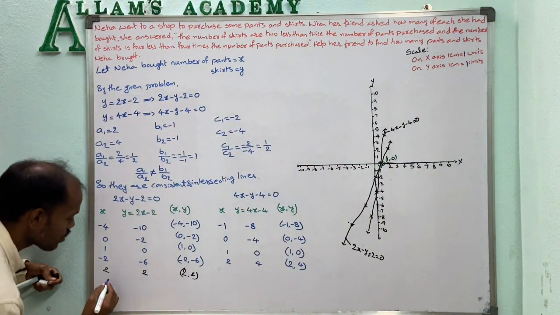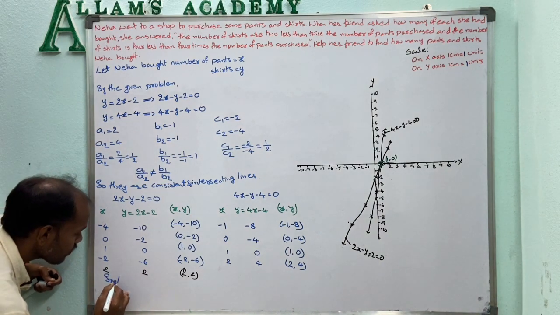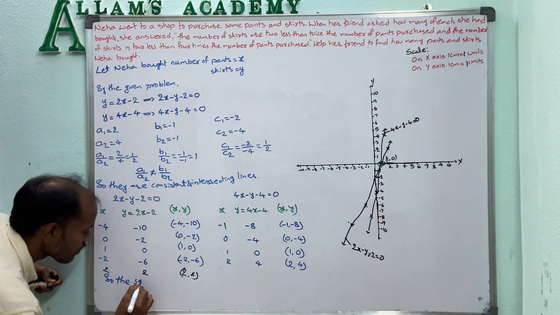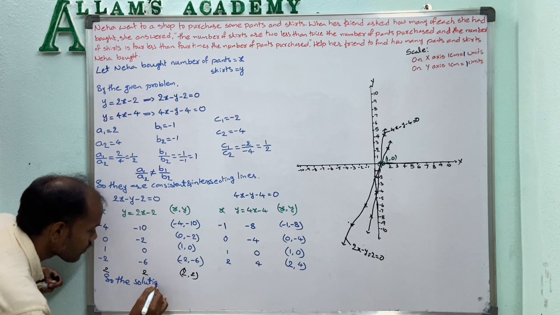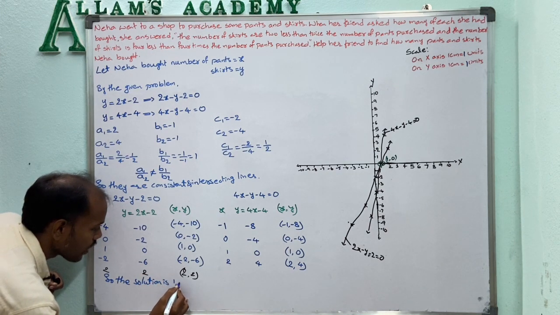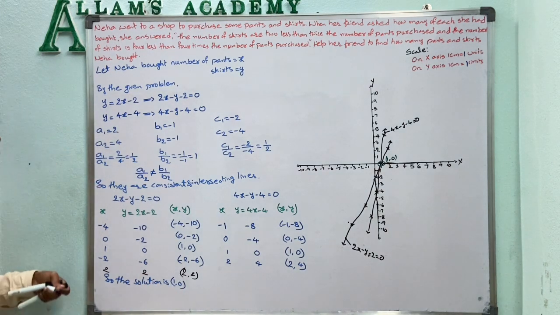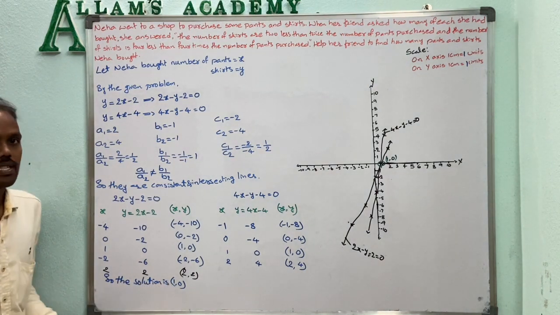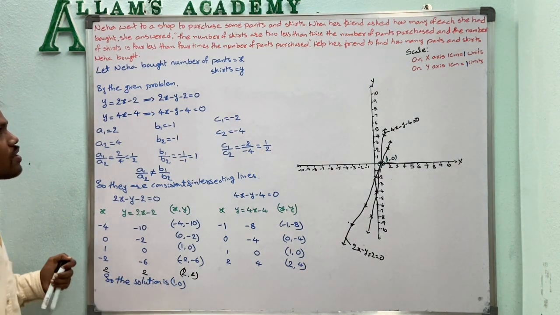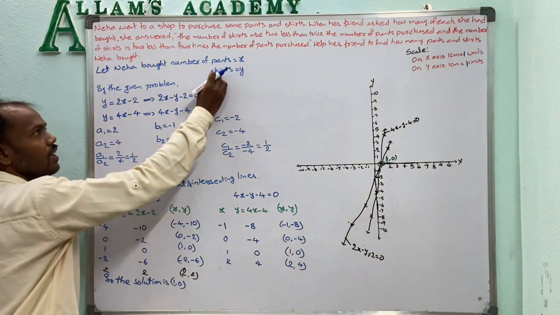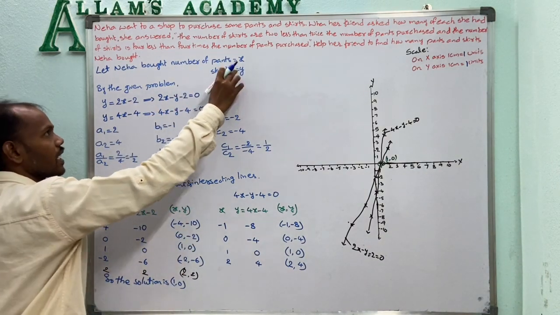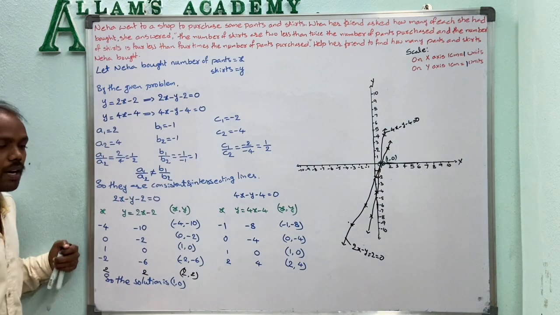So the solution is 1 comma 0. Here 1 represents the x coordinate and 0 represents the y coordinate. The y coordinate indicates the number of skirts, and the x coordinate indicates the number of pines.